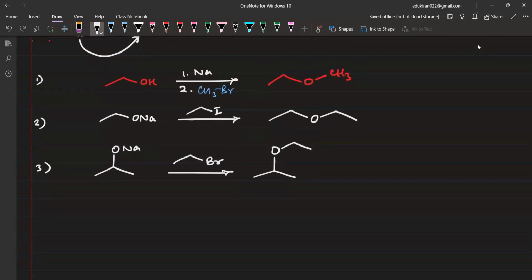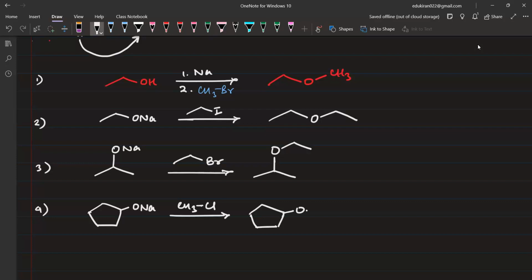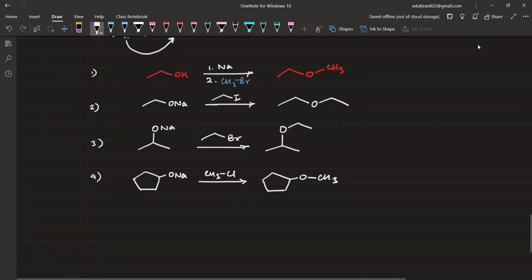Now you can have something cyclic also. You have ONa, and here you have CH3Br, CH3Cl. So everything as it is till oxygen atom, and then oxygen will have the alkyl group of haloalkane like this. Chaliye, please copy this down. Raise your hand once you are done.